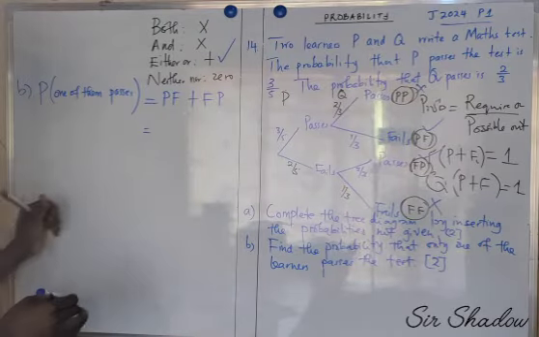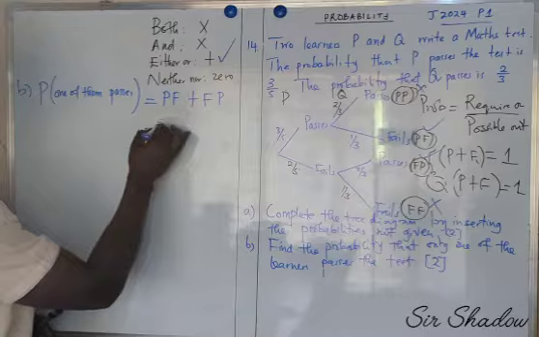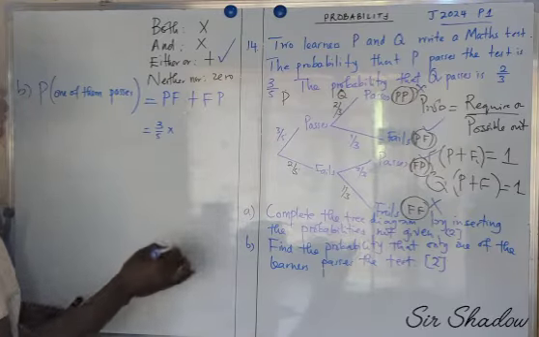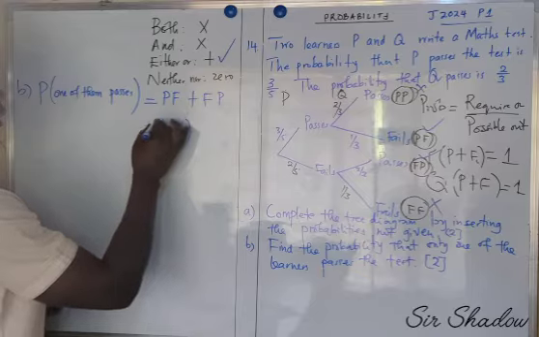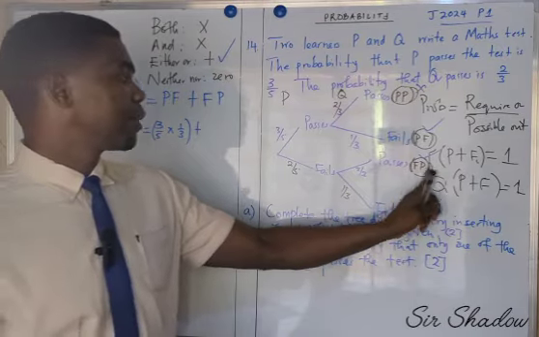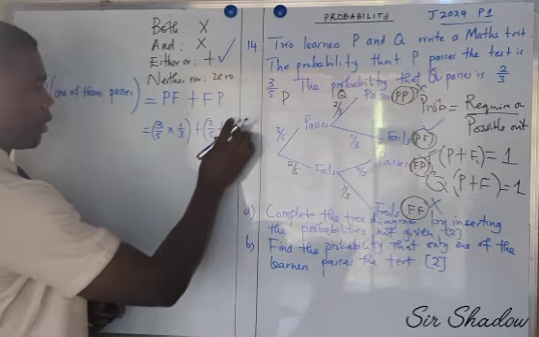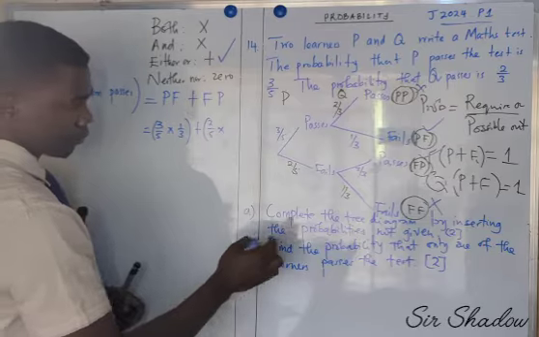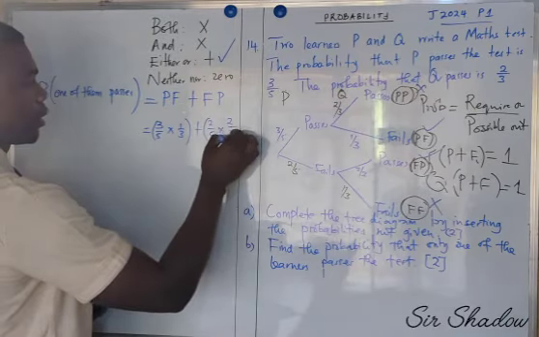This becomes 3 over 5, the probability of passing, multiplied by 1 over 3 for failing, plus 2 over 5 for failing multiplied by 2 over 3 for passing.